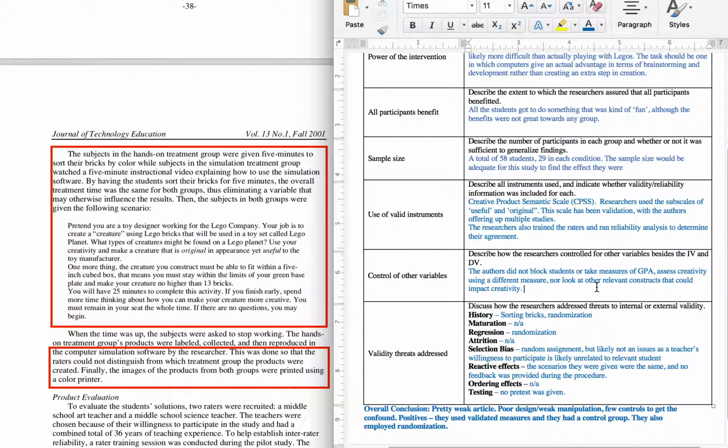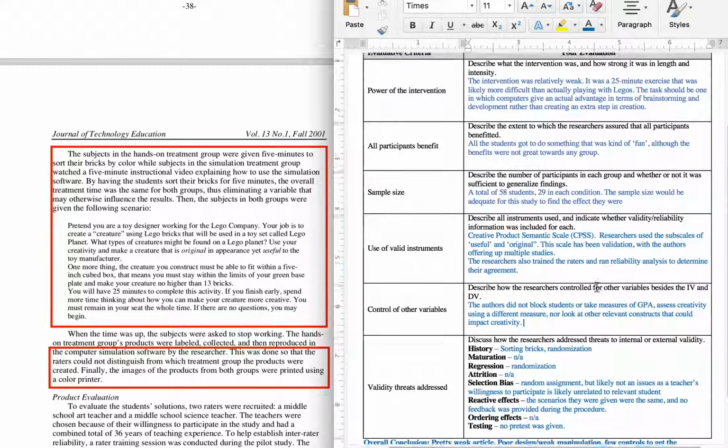They don't have many controls to get at confounds like general academic functioning, visual or spatial reasoning, and things like that. Some positives, though, they did use validated measures. They had a control group, and they employed random assignment to each particular group.